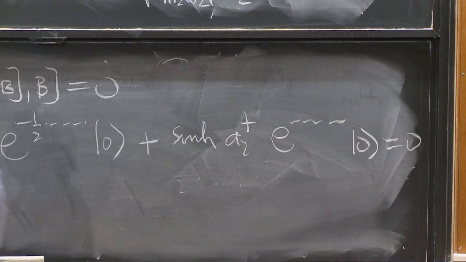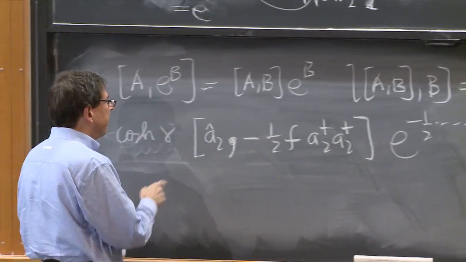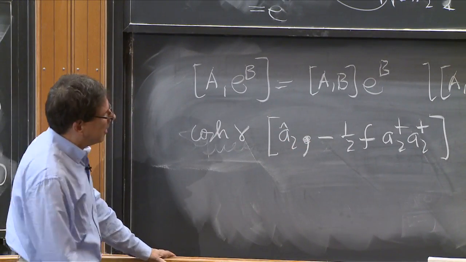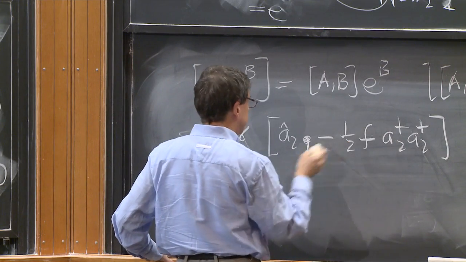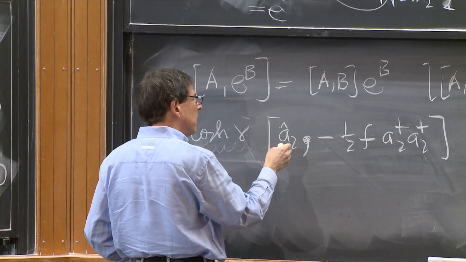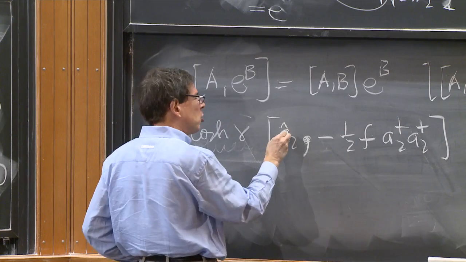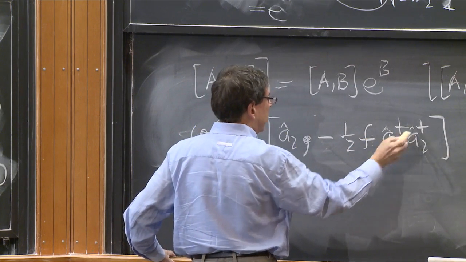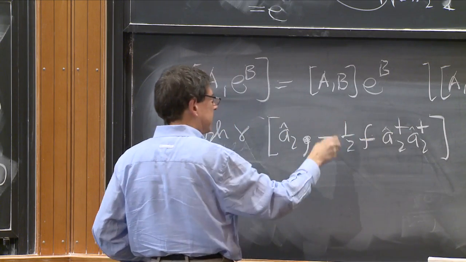And then we have to do this commutator, but the f doesn't matter. It's a constant. It's a function. No operator in there. A2 with A2 dagger is 1. There are 2 of them, so you get a 2.